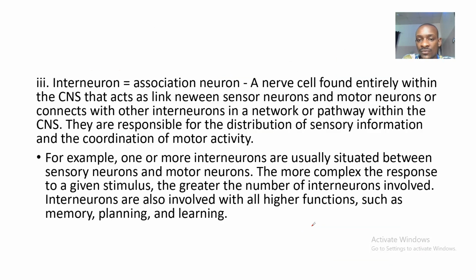Okay, functional types of neurons. Then we have the interneuron, which is an association neuron. The interneuron is a nerve cell found entirely within the central nervous system that acts as a link between the sensory neurons and the motor neurons, or connects with other interneurons in a network or pathway within the central nervous system. They are responsible for the distribution of sensory information and the coordination of motor activity.